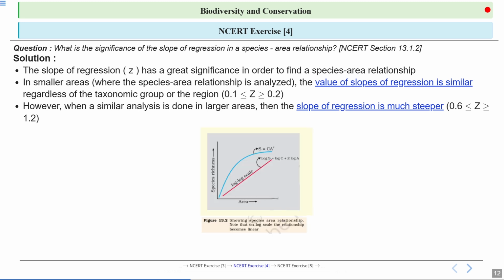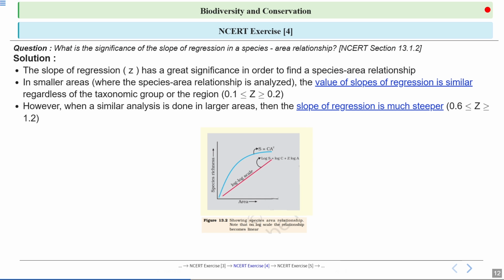This is clear. So this is an image showing you species area relationship. Now, a species area relationship graph shows that species richness increases with increasing area, but at a diminishing rate. So initially it will increase, and then the rate will start diminishing, and ultimately it will level off.